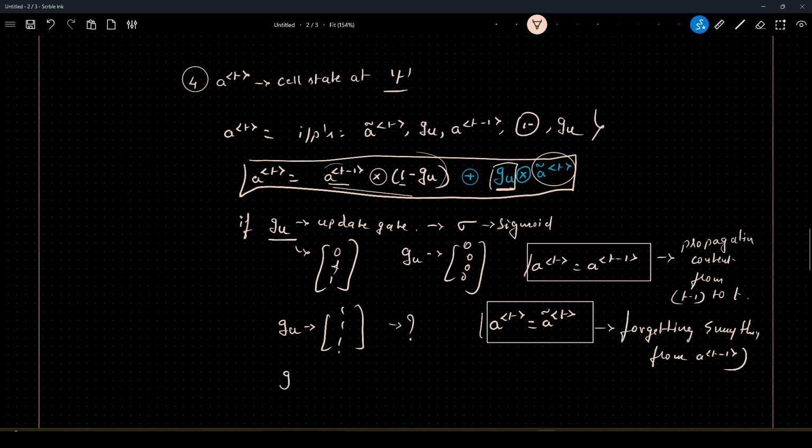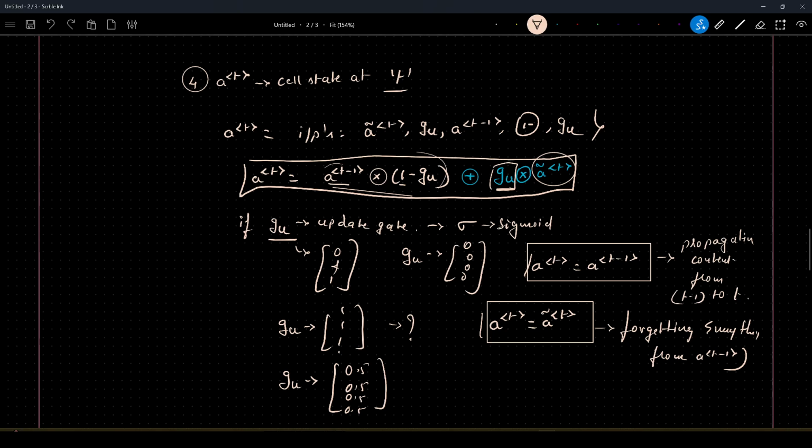Okay. So similarly, if the values of GU are 0.5, in this case, we are forgetting 50% of the information from previous time step and adding 50% of the information which looks to be relevant at the current time step, and we are getting it from A bar T. So one thing to remember here is A bar T is not our final required output, it is AT, right?